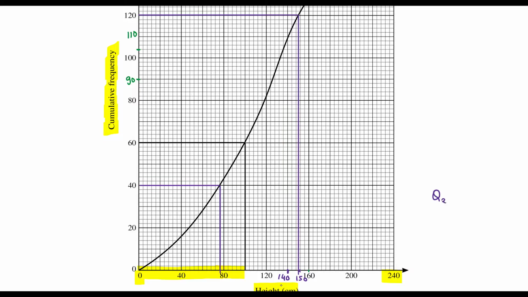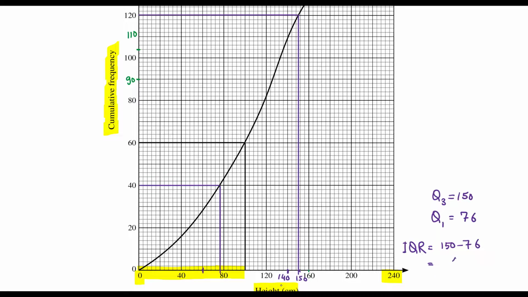So from here we got Q3 as 150, and for Q1 it is 40, so it is 60, and this is 4 less than 80, so Q1 is 76. So we can calculate the interquartile range for this question. Interquartile range is Q3 minus Q1, which means 150 minus 76.